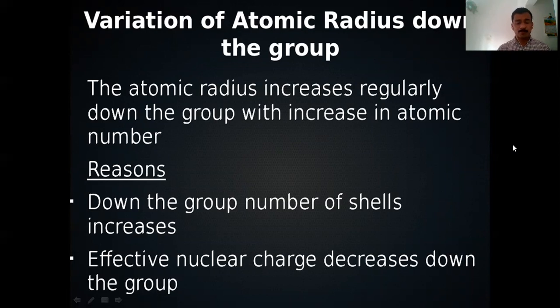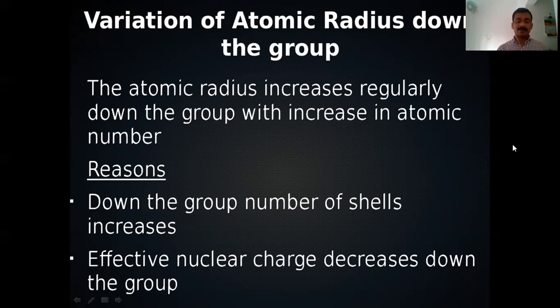And the second reason for the increase in atomic size, effective nuclear charge decreases down the group. We know at the nucleus, there is an increase in positive charge. But at the same time, the number of shells increases. The electrons are moving away from the nucleus.